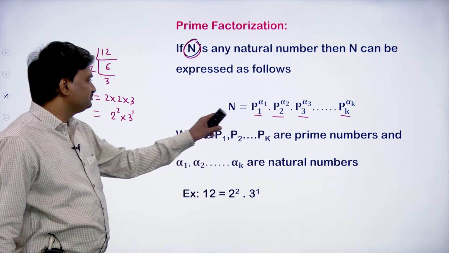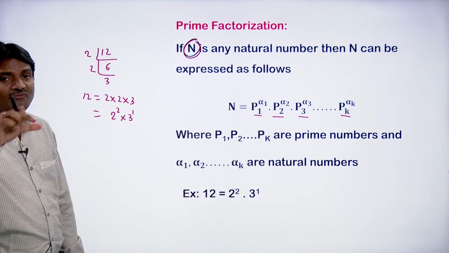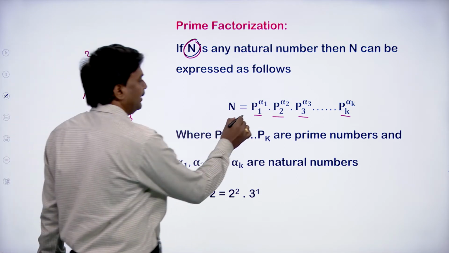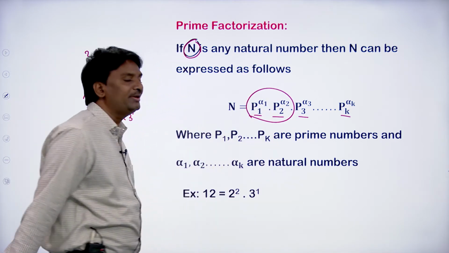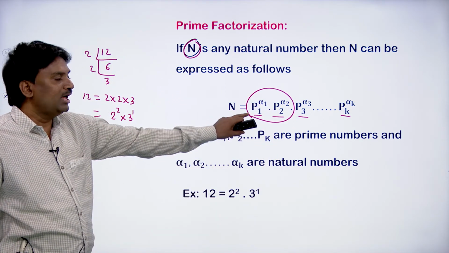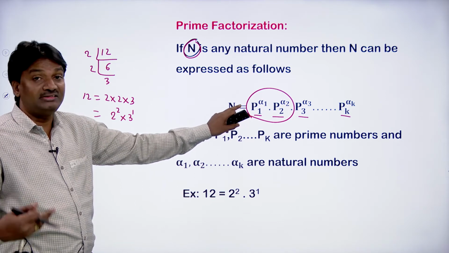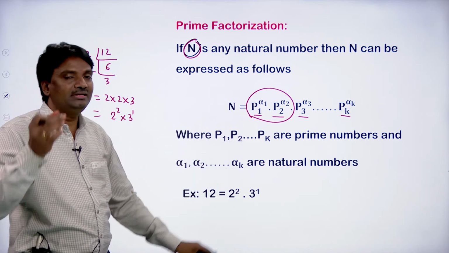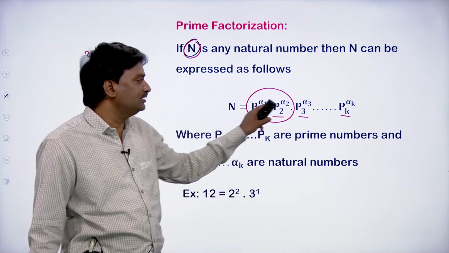By observing, here we have only the product of two numbers. If we compare with p1 power alpha 1 into p2 power alpha 2, we have written this in the general form. Whatever the number n may be, we can express it like this.